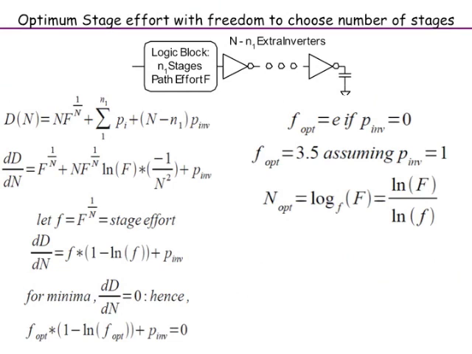So this is like a universal law in some sense. If you're allowed to choose the number of stages, then the best way to size up is to have a multiplying factor of E. Of course, Pn is not 0. If Pn is equal to 1, then f opt is about 3.5. And if Pn is more than 1, as we saw 1.6 and so on, f opt is a little bit more.